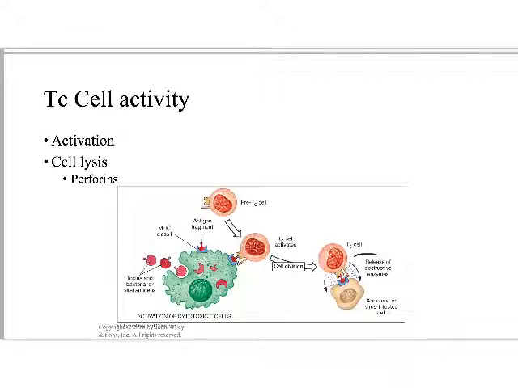So basically it'll destroy any cell that might be abnormal or infected by a virus. They make a protein called perforin, and perforin perforates or puts holes in those cells that don't look normal.